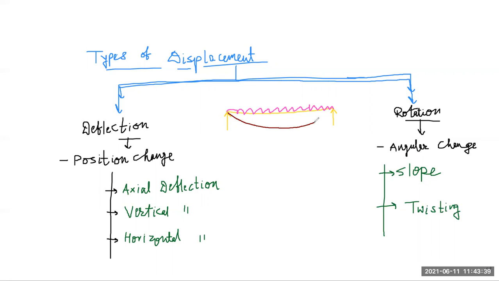Your bent shape is this. So basically, this is the theta angle.